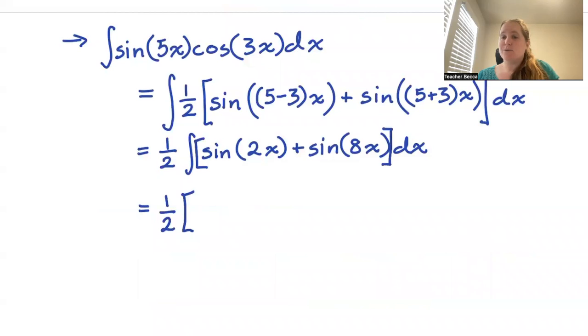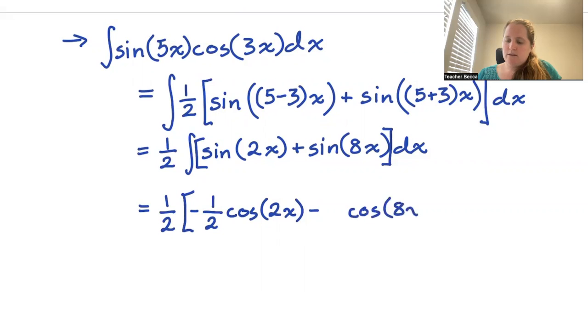Sine of 2x, sine goes to a negative cosine, and with a 2x inside, to counteract the chain rule we divide by 2. So we have negative 1/2 cosine of 2x. Then sine of 8x again gives a negative cosine of 8x, and to undo the chain rule we divide by 8 as well. So we wind up with 1/2 times, inside brackets, negative 1/2 cosine of 2x minus 1/8 cosine of 8x.